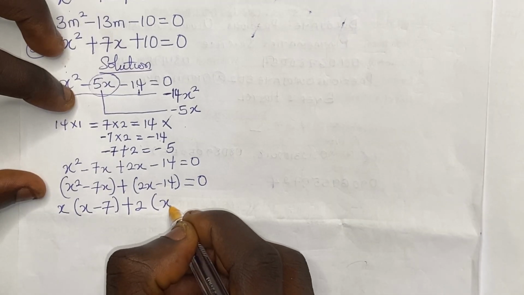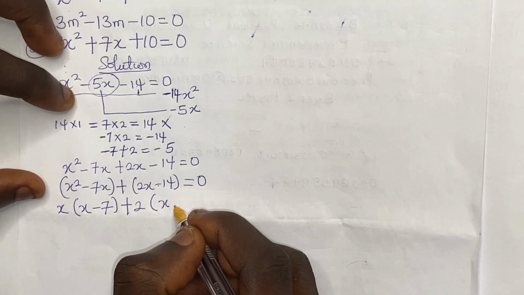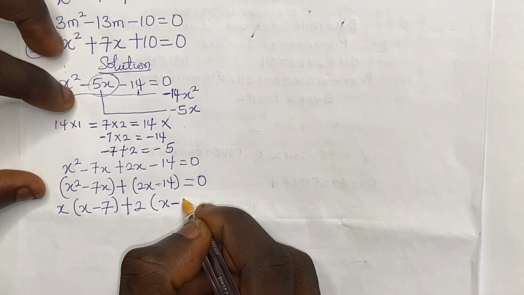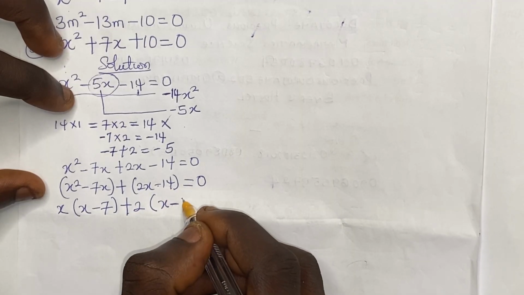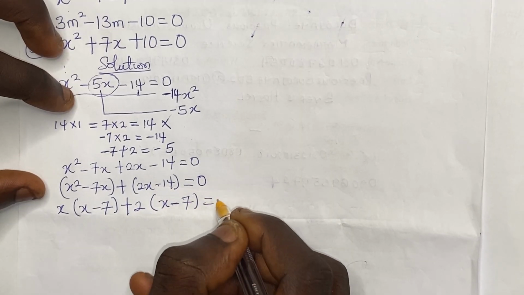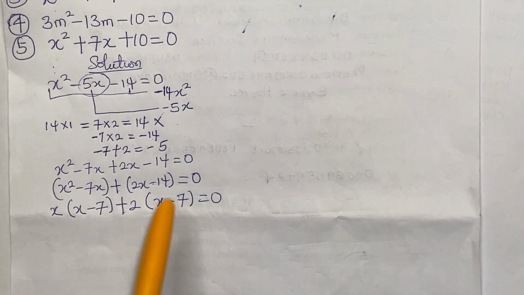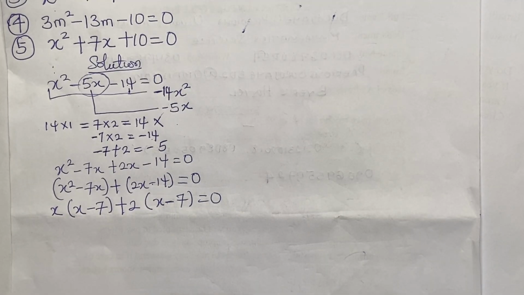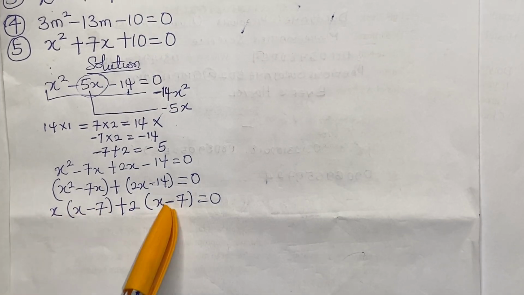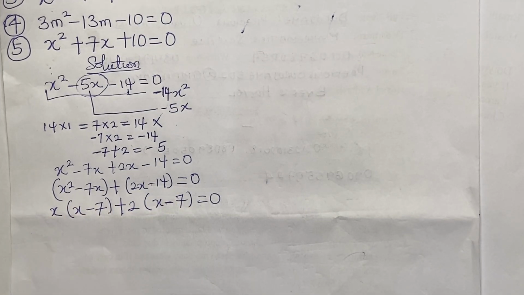You will have x minus 7 again, because plus times minus gives minus 2 times 7, which is 14. Do you get that now? One of the things you must be very careful of is that the brackets here and here must be the same. Once the brackets are not the same, then there is a problem.